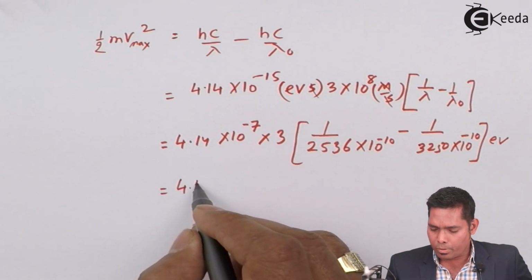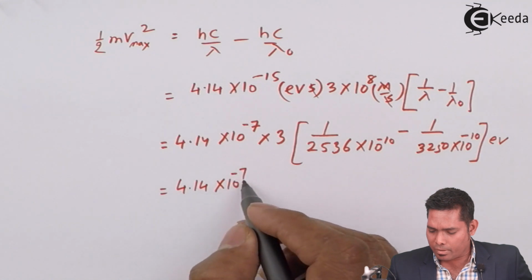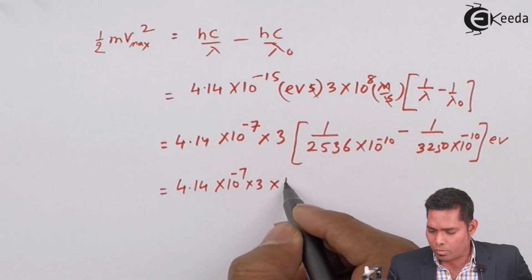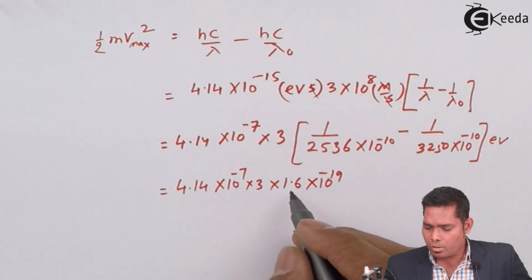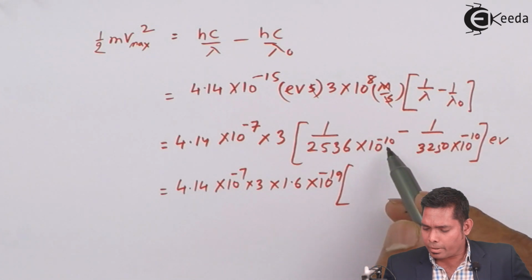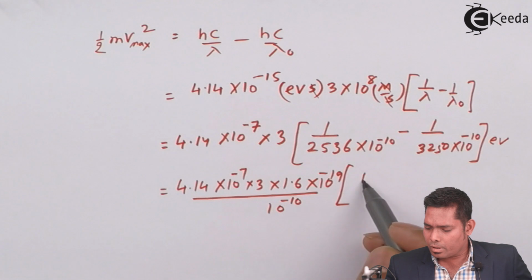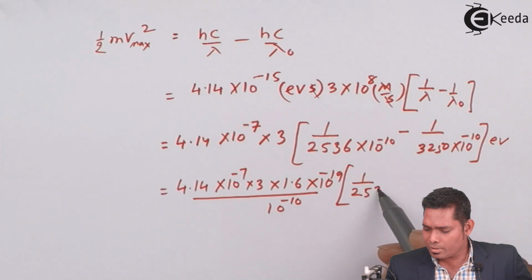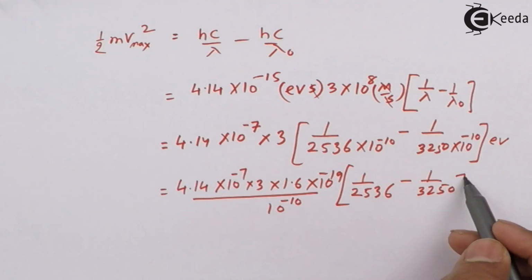So this will become 4.14 into 10 raised to the power minus 7 into 3 into 1.6 into 10 to the power minus 19, in joule. The 10 raised to minus 10 comes out, and we are left with 1 upon 2536 minus 1 upon 3250.